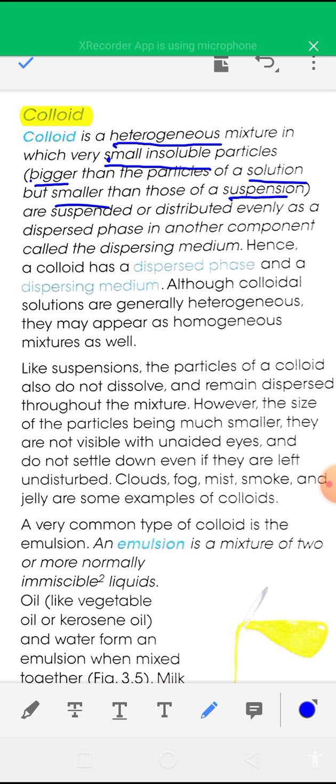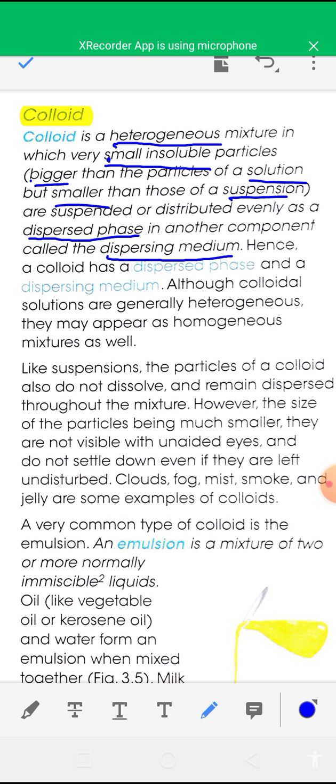Okay, so colloid is a heterogeneous mixture in which very small particles are suspended or distributed evenly as dispersed phase in another component which is called dispersion medium. So in colloid the particles which are distributed or suspended are known as dispersed phase, and the solvent in which the particles are suspended is known as dispersing medium.